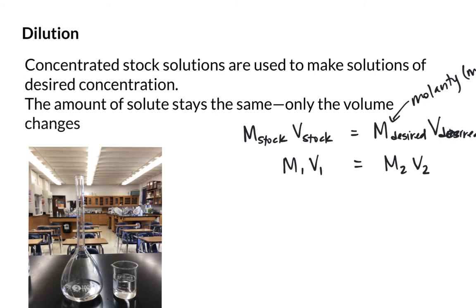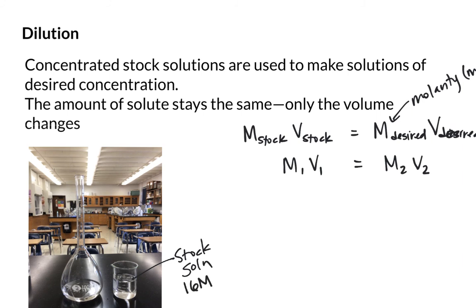Okay. And so what we do is we use these tools that you can see over here. This is called a volumetric flask, and this might be your stock solution. So this is your stock solution that's highly concentrated. Stock solution of, let's say, 16 molar, okay, very highly concentrated.